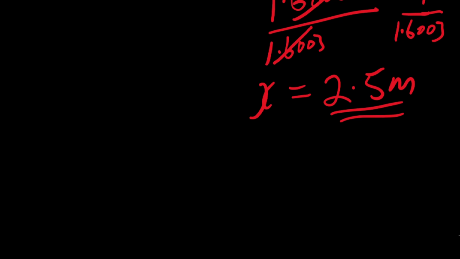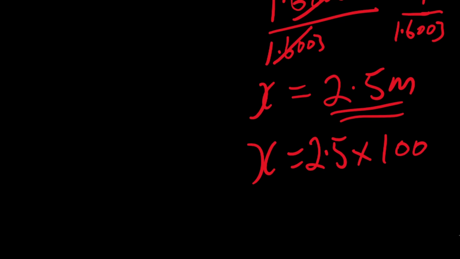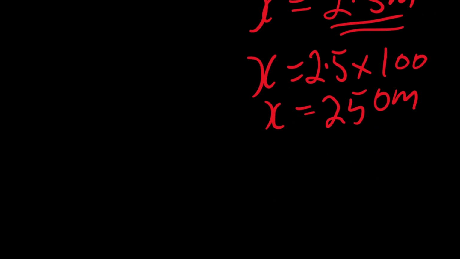Because they said to the nearest centimeter, I'm going to convert this to centimeter by saying S equals 2.5 times 100, because the word cent means 100, right? If I do that, S will give me 250 centimeter.